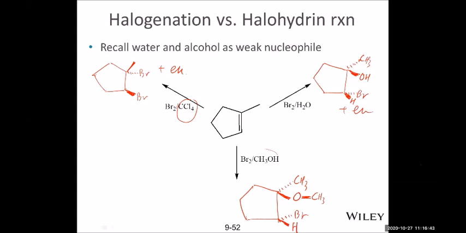This is also a pair of enantiomers. These two reactions are very similar. The only difference is you replace the OH by the methoxy group, which gives us the ether. So that's the reaction with these three. You will see the worksheet and quiz have a similar question, just like this.